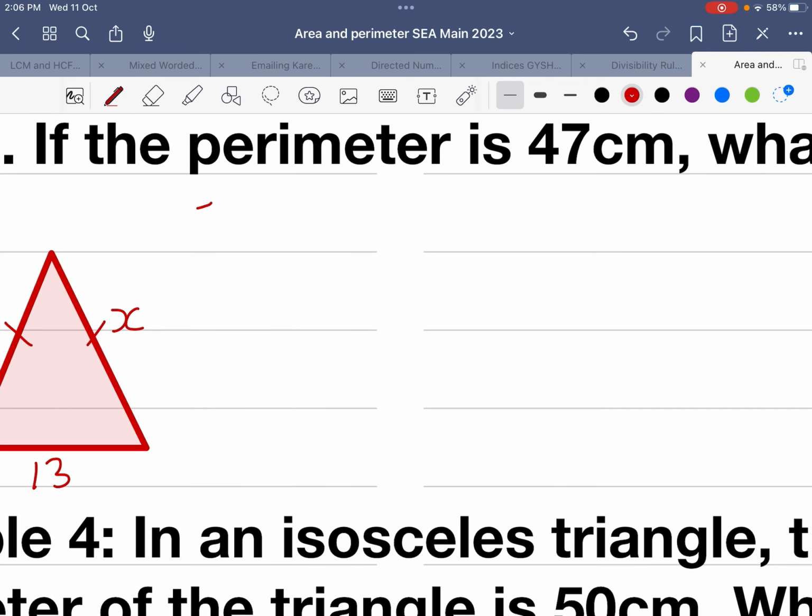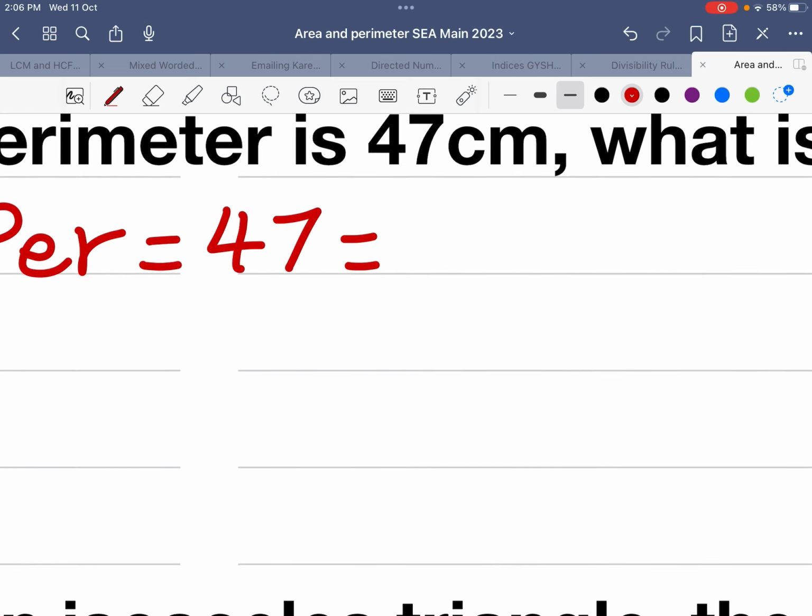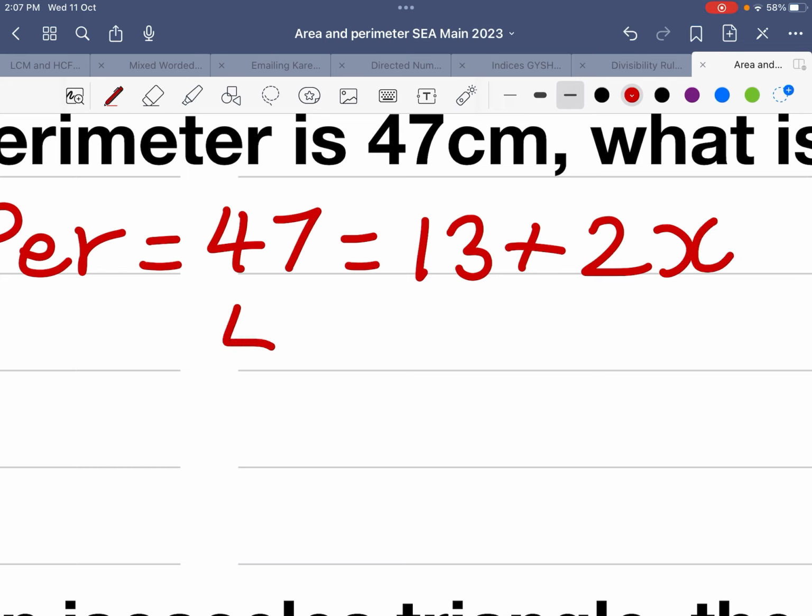So the perimeter was given to be 47, which is equal to 13 plus x plus x, which is 2x. So if we take away one of the sides, 47 take away 13, we will get 34.